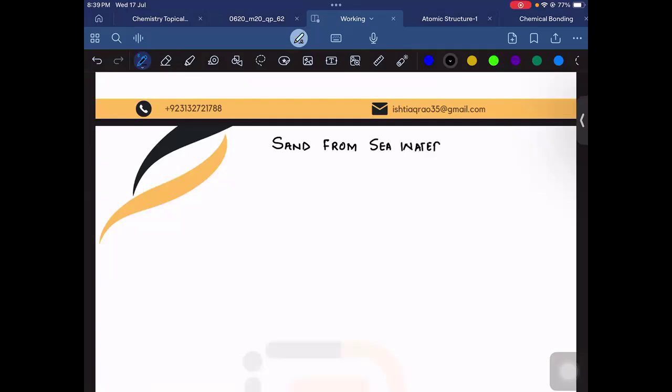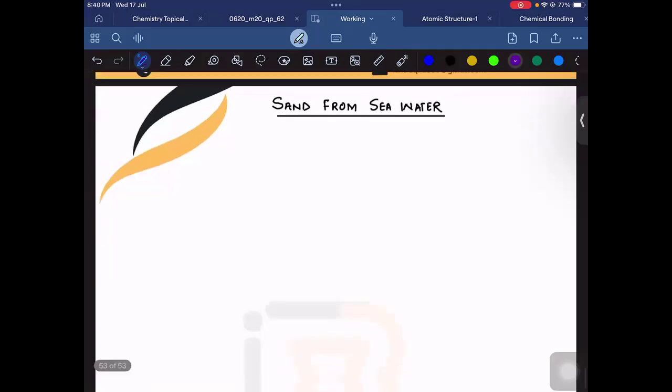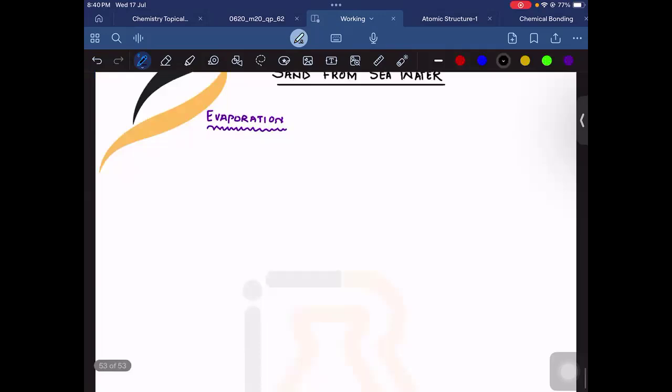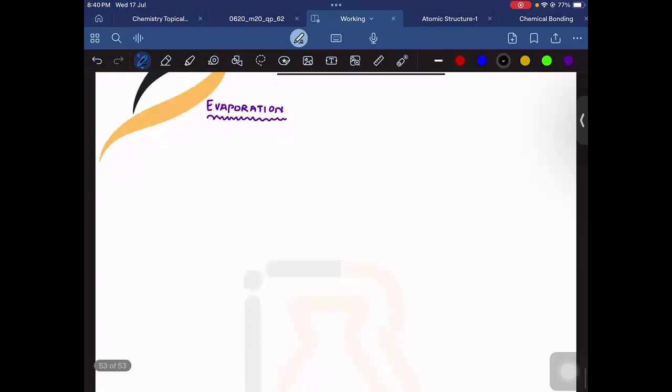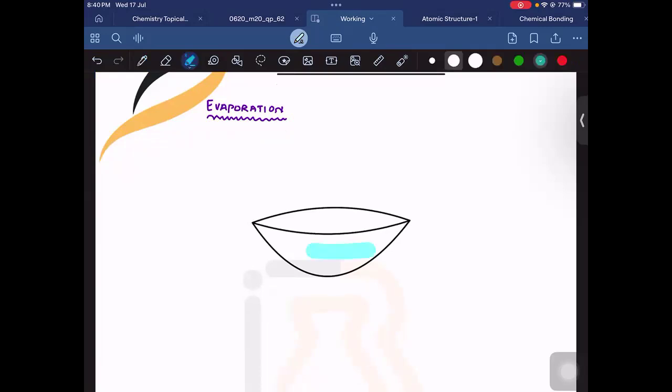Yes. Okay, so the first process that we are going to have is evaporation. Let's suppose this is a dish, a China dish, in which I have some seawater. You may consider this as seawater.